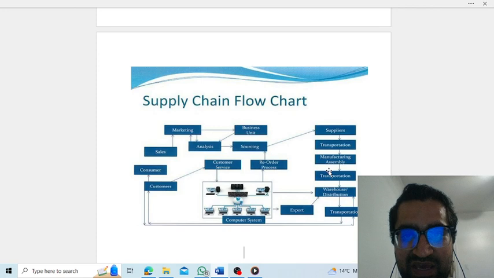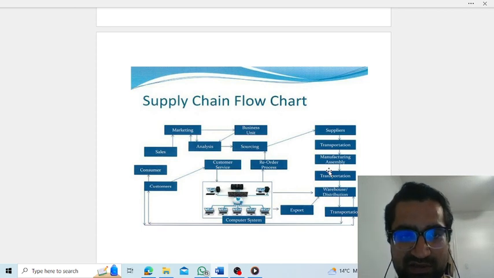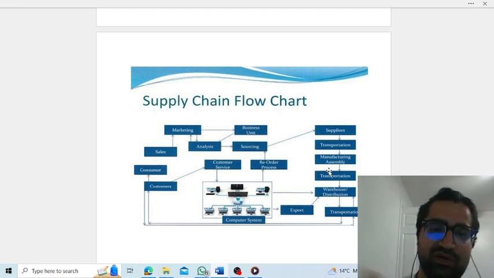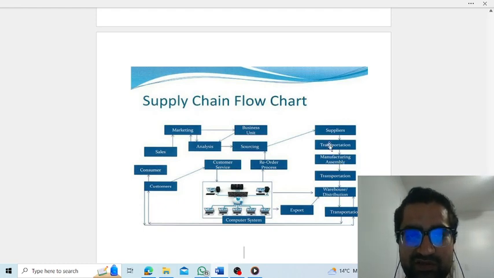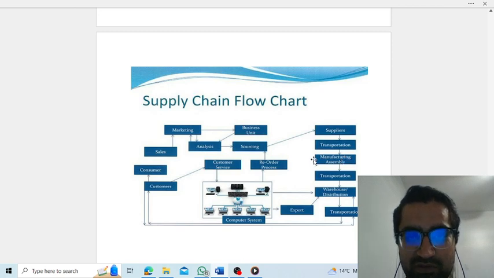So if suppliers have any issue with the raw materials, they don't get the raw materials from the farmers or some other places, right? Suppose it's a bread factory or a food factory. The supplier supplies the raw materials to a bread factory, and then they make the flour and the dough, right? If they don't get the raw materials, the manufacturing facility will have issues. They don't have the material to produce anything, bread or noodles.